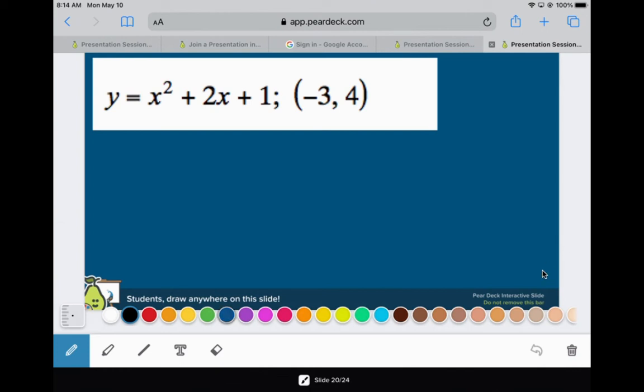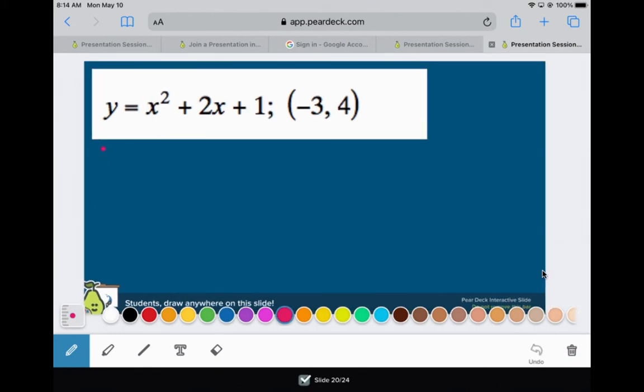Okay, so step number 1. Step number 1, I'm going to have to take the derivative. So y prime is 2x plus 2, because the 1 will disappear. Step 2, I'm going to find the slope. I plug it in.